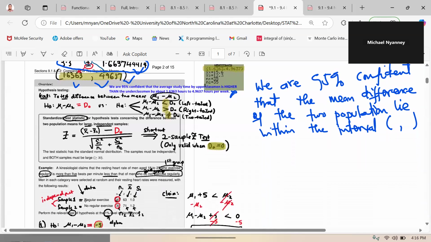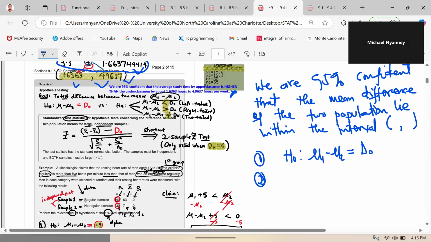And after creating an interval, sometimes you want to actually also test it. So whenever you hear test at 5% significance level, it implies that we go through those five major steps. So we have 5 steps that you go through in testing. First of all is to actually list your hypotheses. Constructing an interval is just what we just saw. But if the question says test, it means that one, write your hypothesis. H naught: mu1 minus mu2 is equal to some number d naught.